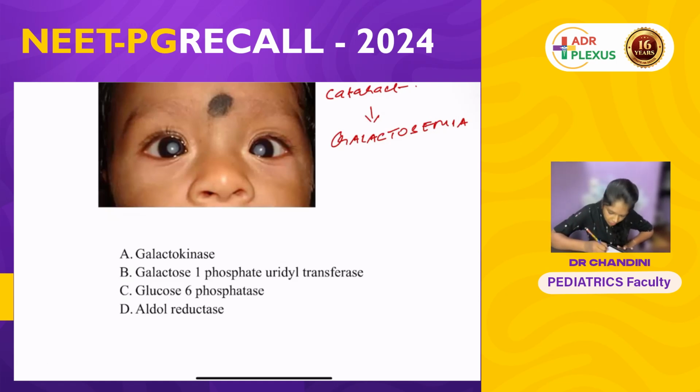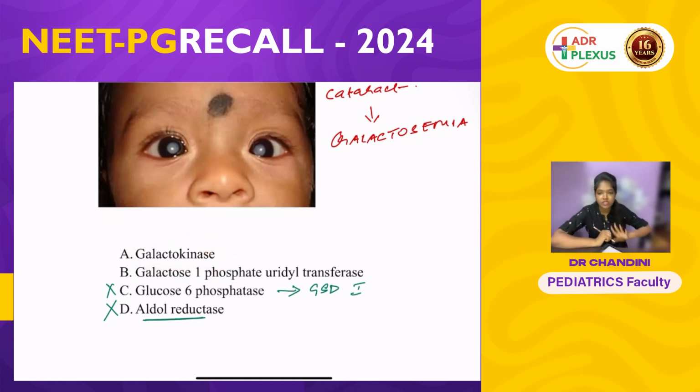So what is the enzyme deficiency that causes galactosemia? Aldose reductase? No, it is not. Aldose reductase is responsible for cataract: galactitol is produced because of aldose reductase, so it is not a deficiency of aldose reductase. Glucose-6-phosphatase? No, that causes type 1 GSD. So galactose 1-phosphate uridyl transferase and galactokinase, both enzymes can cause galactosemia. How to differentiate?